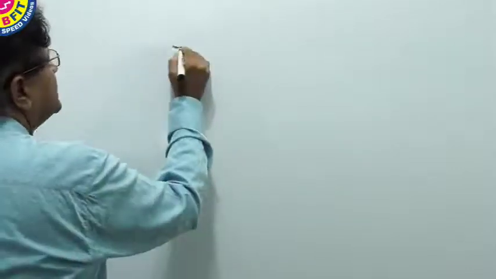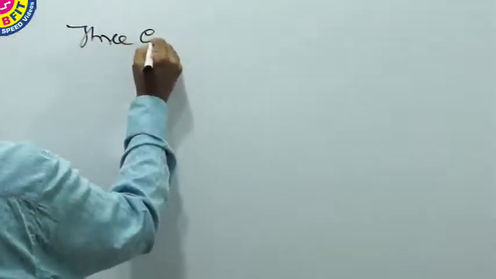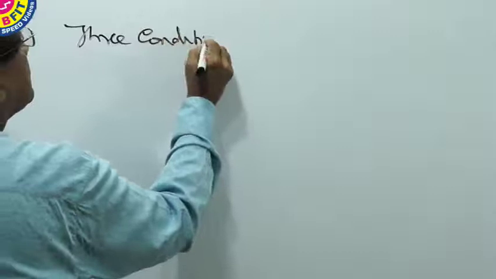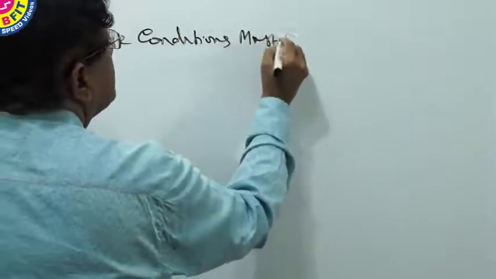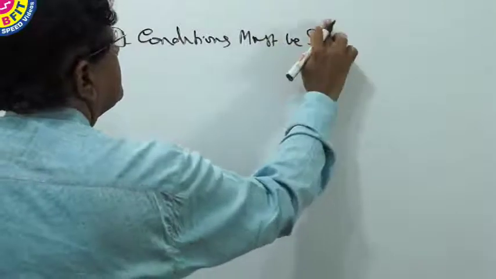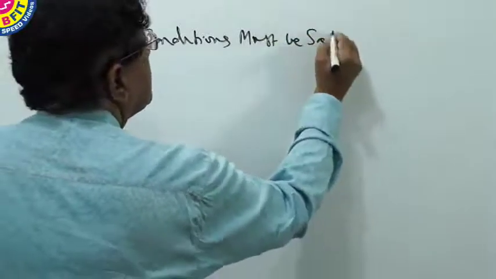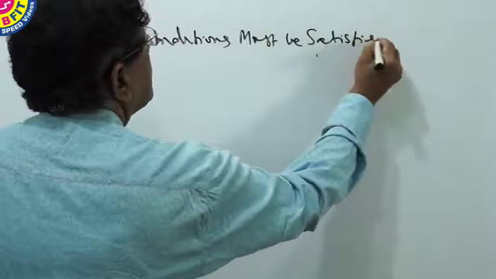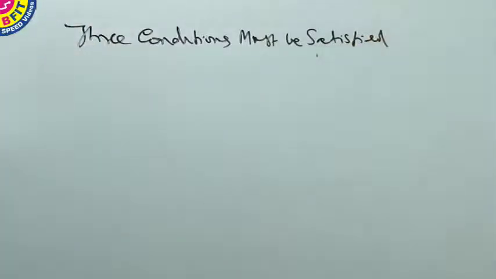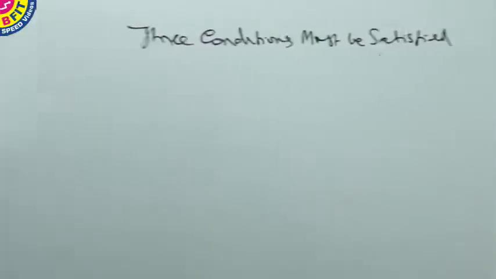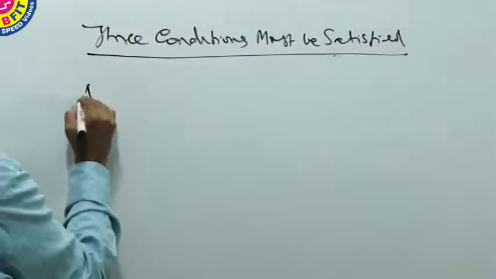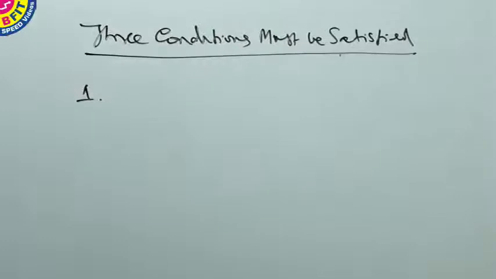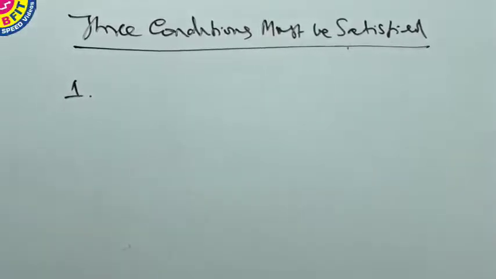There are three conditions that must be satisfied to call two conclusions complementary. First condition is both conclusions must be false.